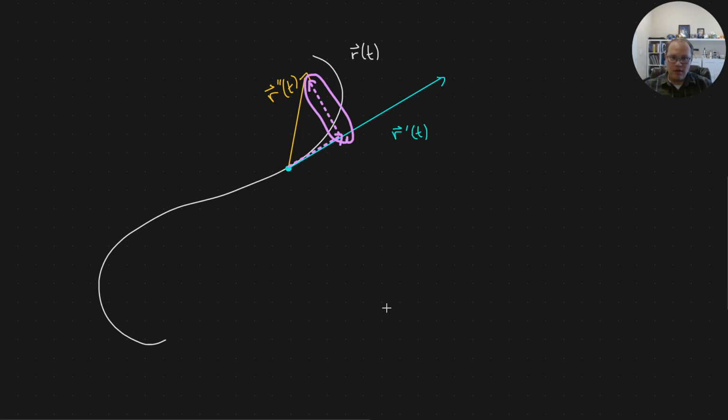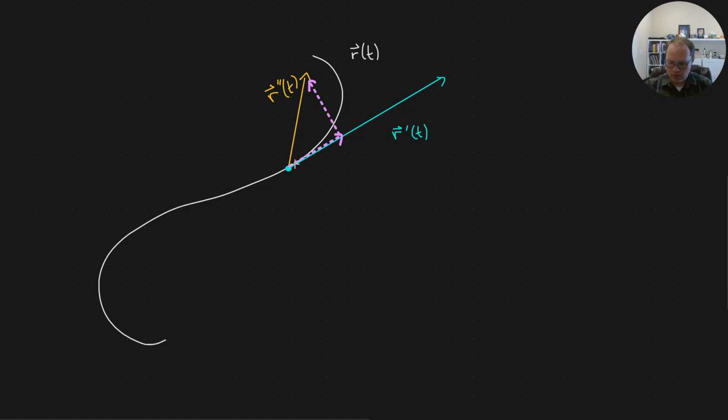This vector here is pointing in the direction of the unit normal vector. And that's what we want, right? The unit normal vector. So r prime has these two components hiding inside of it. Now, it's going to be easier, as it turns out, to find the unit binormal vector first.